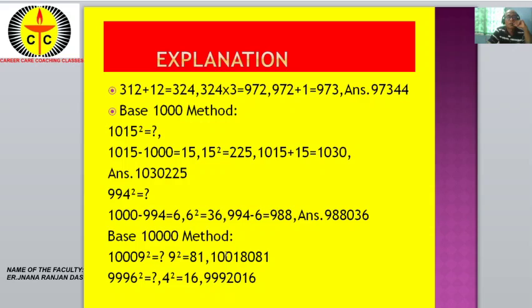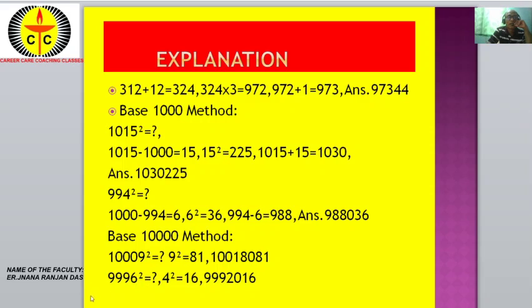Then you add 10,009 with 9, which becomes 10,018, and this 81 is 2 digits. You can insert a 0 here. So the answer becomes 100,180,081.